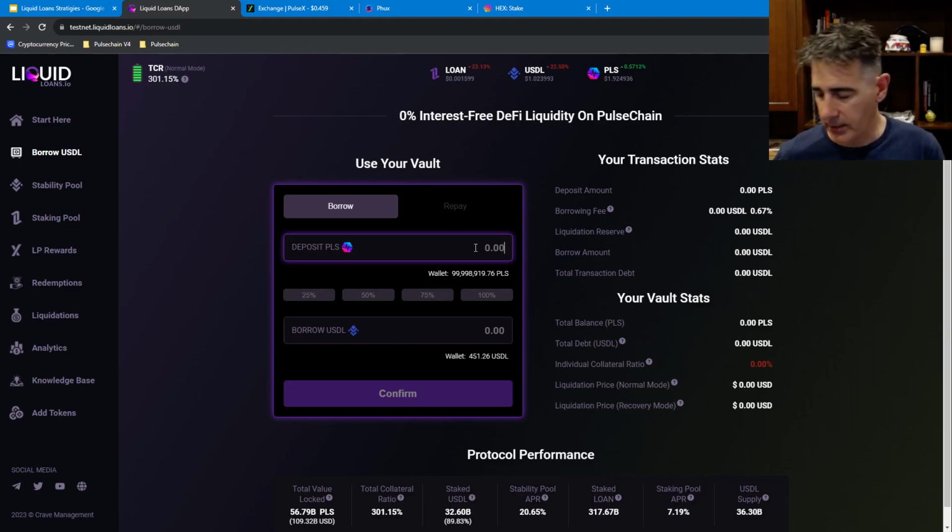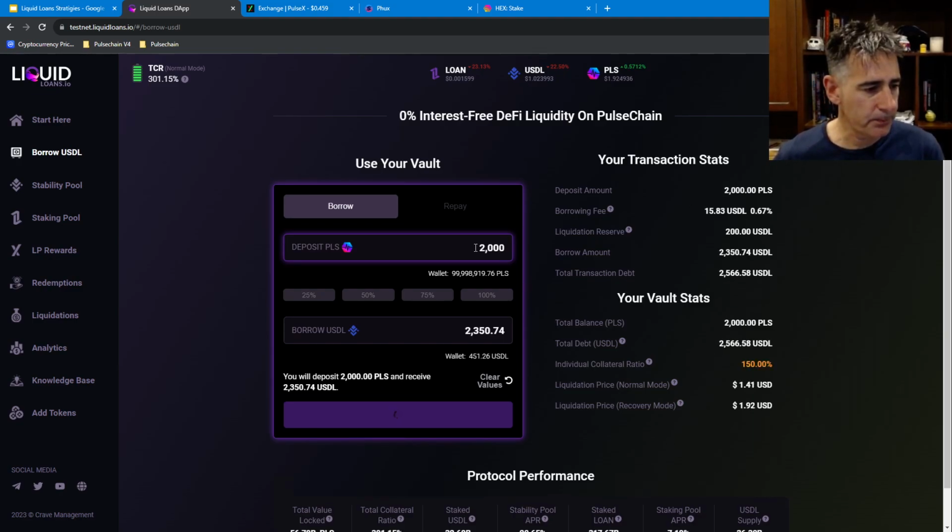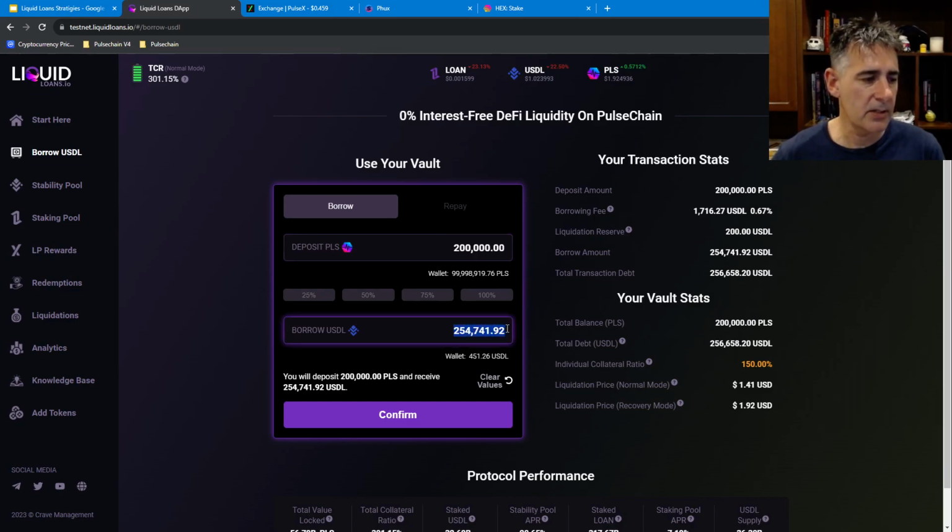So let's put in, what do we got? Let's put in 200,000 pulse, and in this instance that is going to allow us to borrow 254,000 USDL.